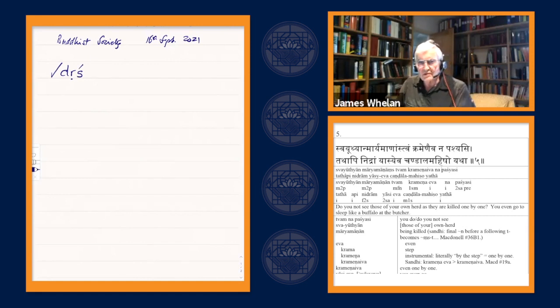This root, drish, is the root meaning to see. And very often you make a verbal noun by just adding ti to the root. Drishti literally means seeing, and then a view. A view as in an opinion.